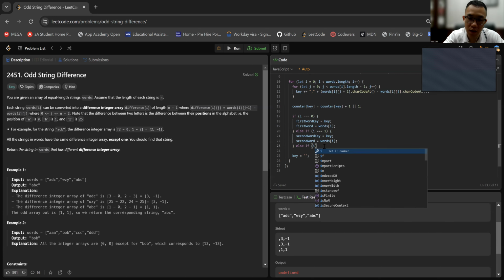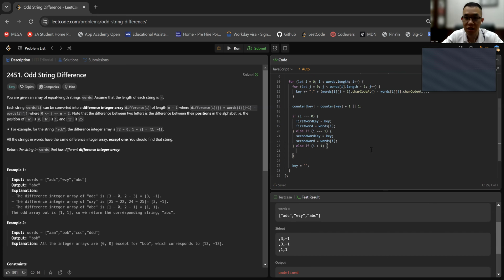So the third case is when I is greater than one. We're starting from zero, so zero, one, and if it is greater than one, it is two. So if I is equal to two, what does it mean? This means that we have more than or equal to three words.